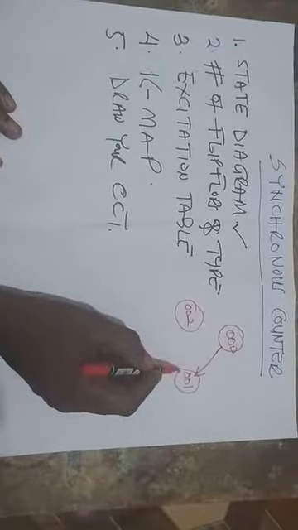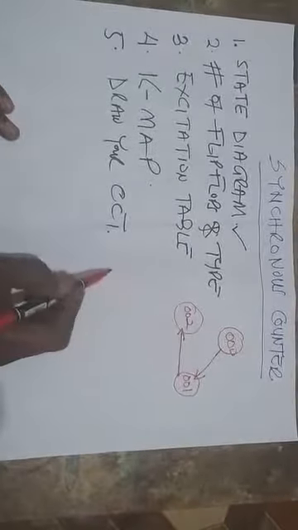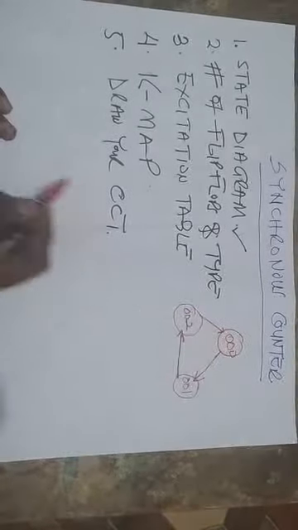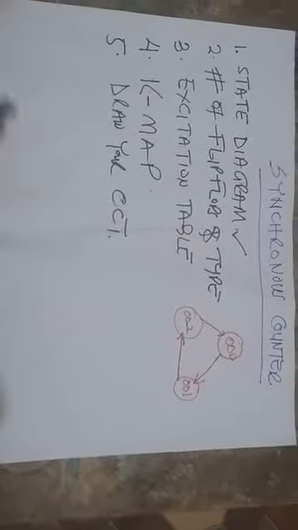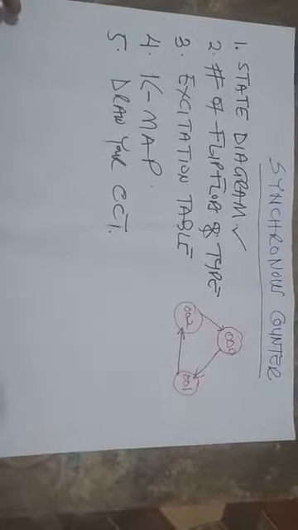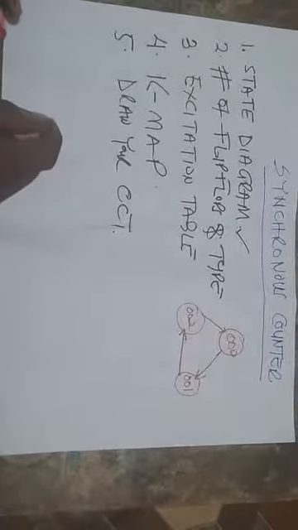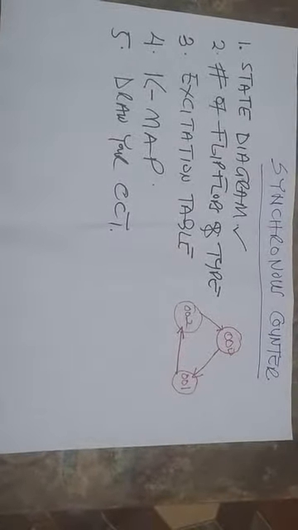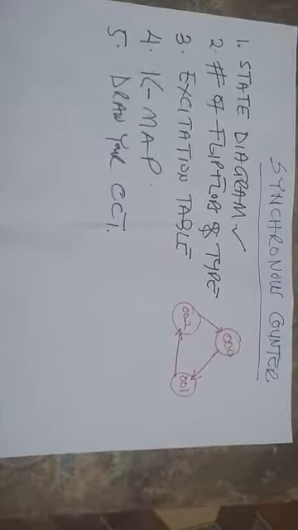Likewise, there's going to be a transition from here to 0, 1, 0, and so on. So in a state diagram, that is the first thing in designing a synchronous counter you need to do. You draw a state diagram.